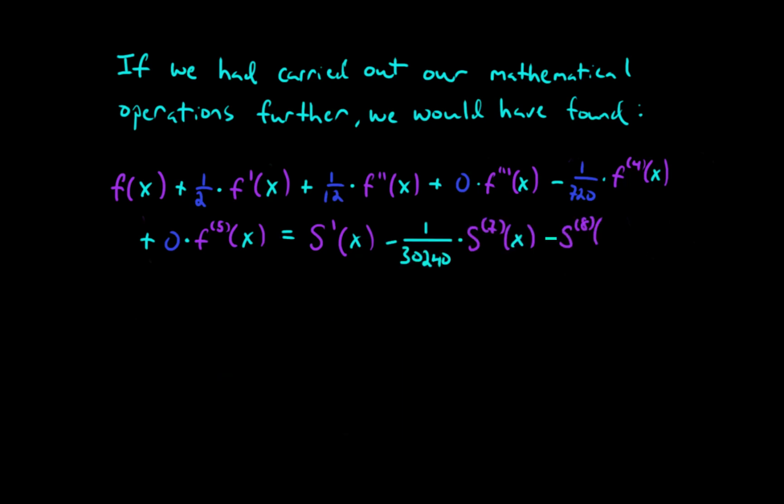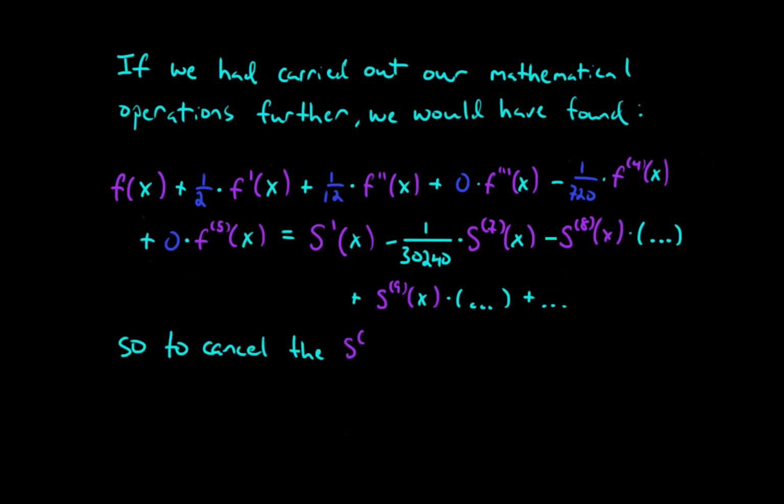Well, 6 over 30,240 minus 7 over 30,240 is negative 1 over 30,240, so I'll just move that term up here. So we have that the expression above equals S prime of x minus 1 over 30,240 times S7 of x minus S8 of x times some coefficients that we would need to determine, plus S9 of x times some more coefficients, and so on.